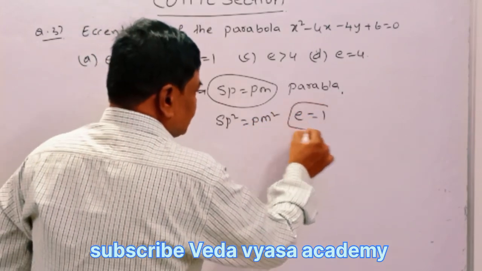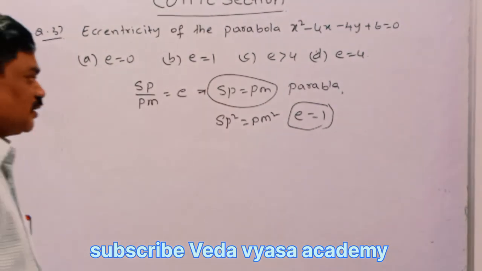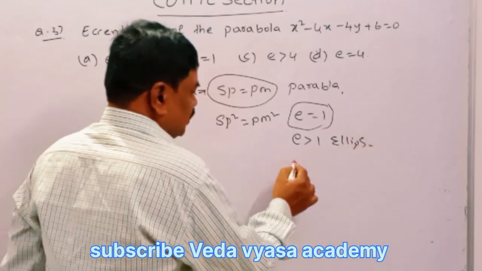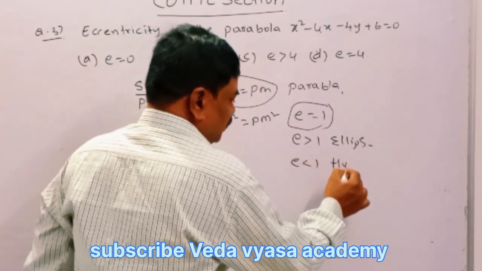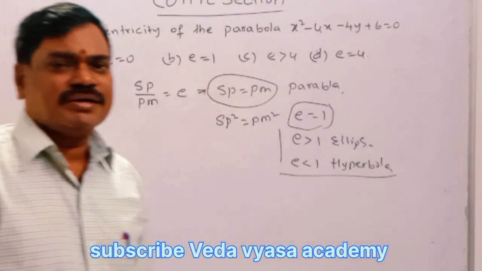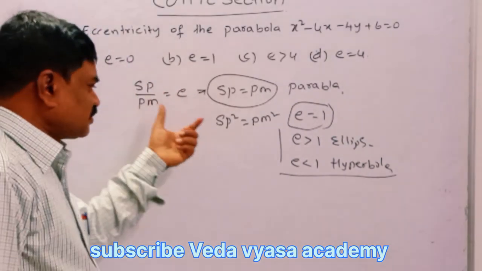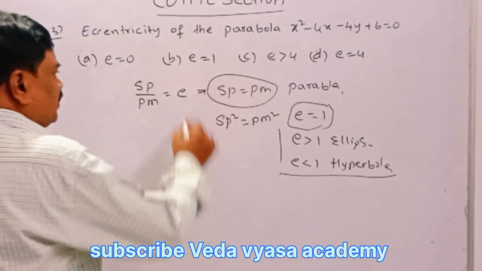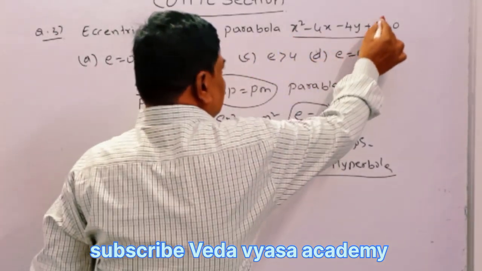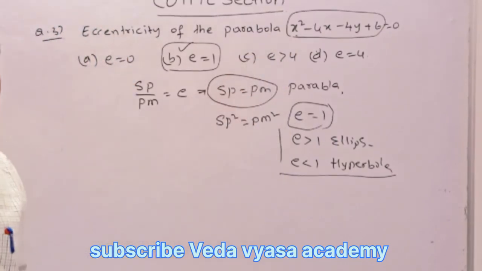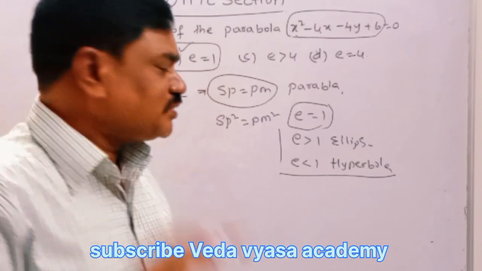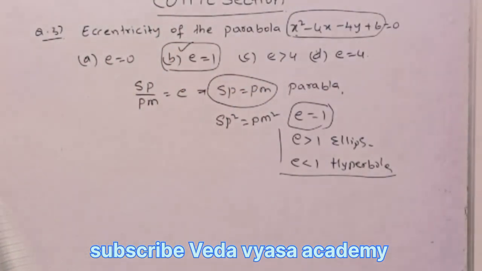When eccentricity is equal to 1, SP = PM, and it represents a parabola. When e is greater than 1, it is a hyperbola, and when e is less than 1, it is an ellipse. We already discussed this at the start of conic sections. So if the constant e is 1, then the given conic equation represents a parabola, which means the eccentricity of the conic section is 1. Okay, all of you. That's all.